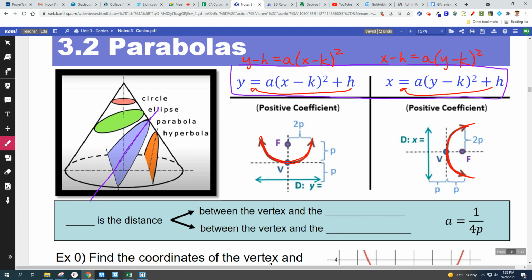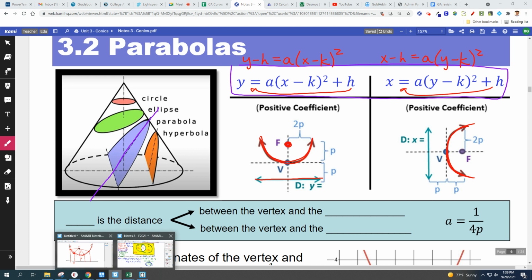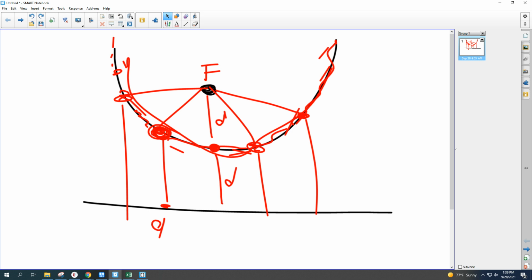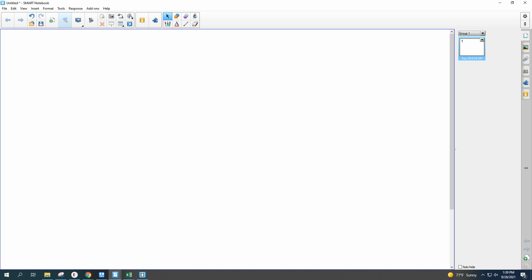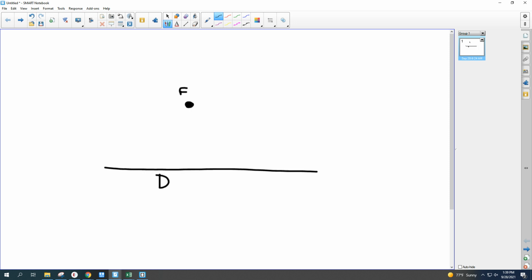Now, if you look at a parabola, you've got something called a focus and something called a directrix. And that's actually how you could form a parabola, or that's the definition. If I wanted to form a parabola, I would have a point right here called the focus, and a line right here called the directrix.